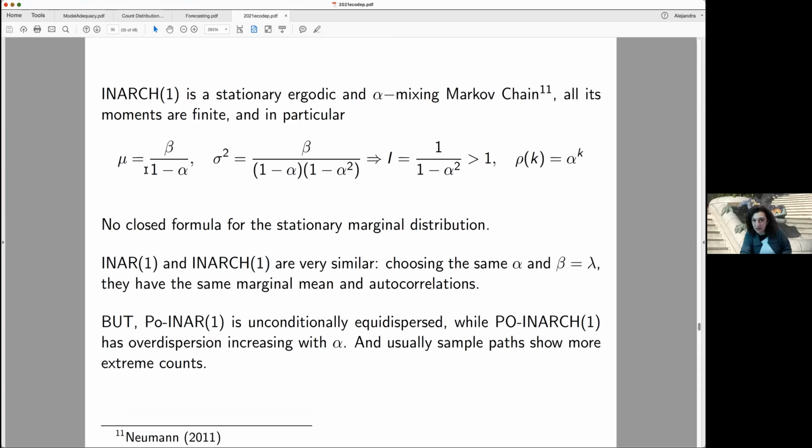The mean has the same form as in the other setup. In fact, if we choose the same alpha and beta equal to lambda, then the INAR(1) and the INARCH(1) have the same mean and marginal autocorrelation. One nasty thing about this is there is no closed formula for the stationary marginal distribution.